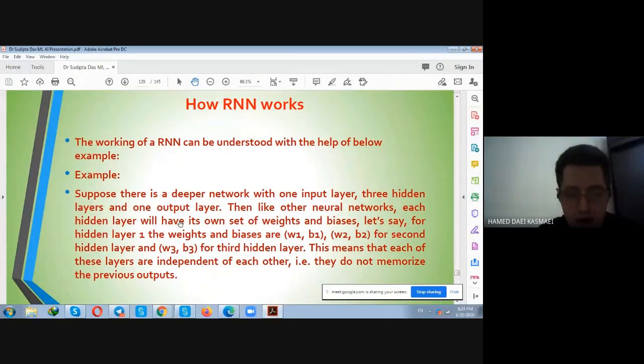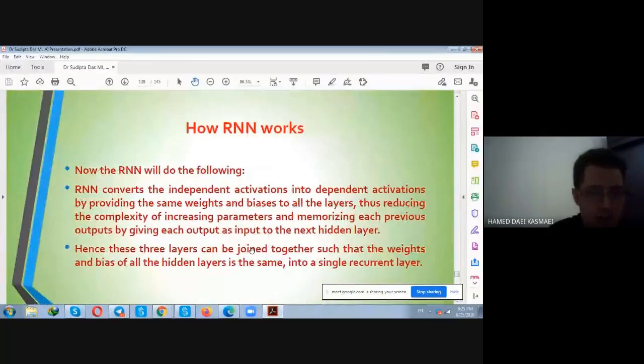It means that they do not memorize the previous outputs, so they cannot have any information about the previous outputs. Okay, so you will see here how it works. RNN converts the independent activations into dependent activations by providing the same weights and biases to all the layers.